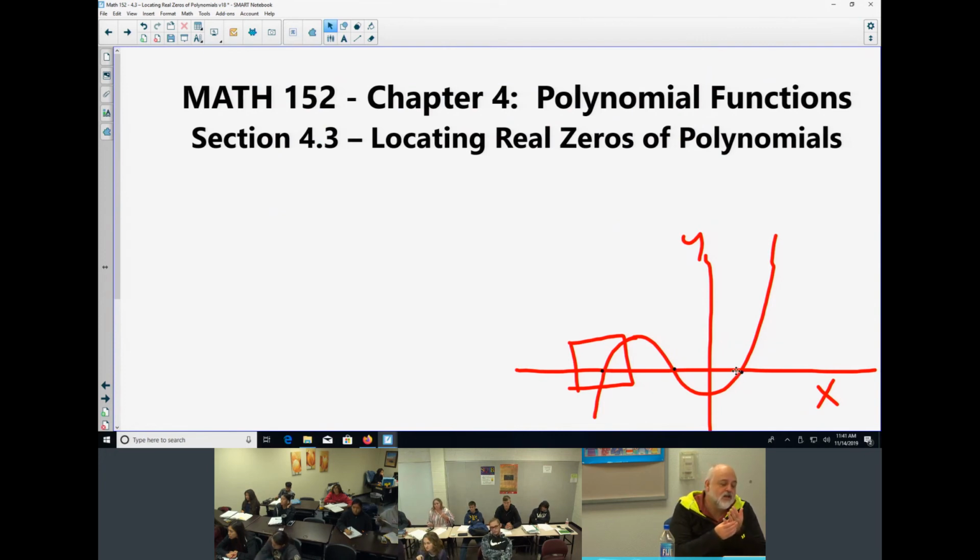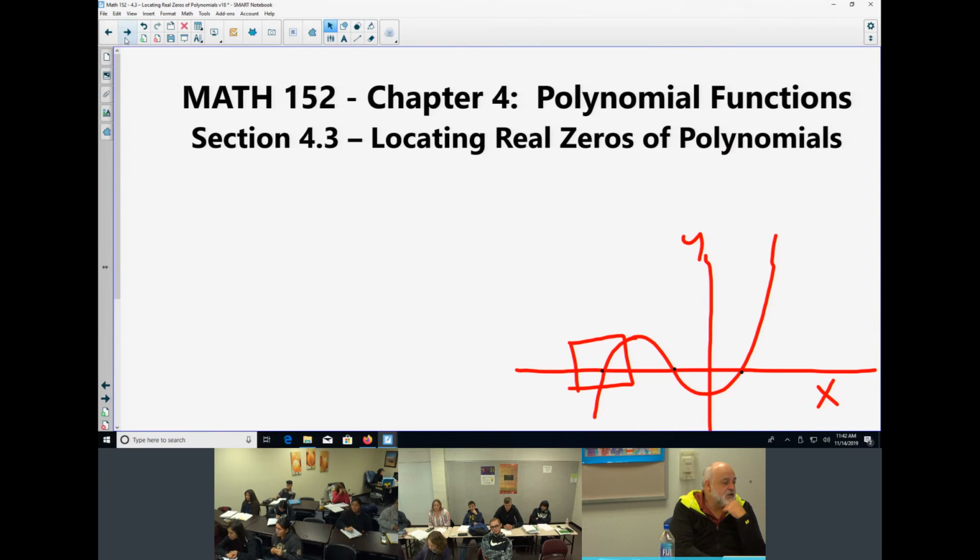What if you graph it and this is your window in your calculator and you only find the 1? Then you used a calculator, but you did not get the right answer. You have an incomplete answer. The purpose of this section is to give you some tricks to know when you have them all, or when you're looking at the right window in the calculator, so that you can know for sure you've got them all.